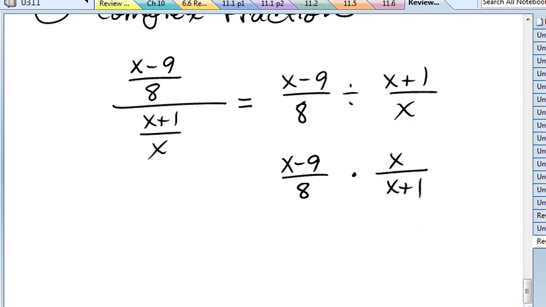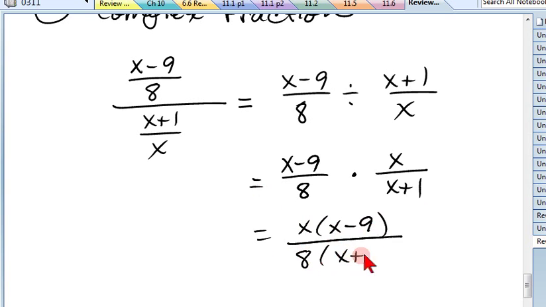Is there anything I can reduce, simplify, divide out? No. You may leave your answer as x times x minus 9 over 8 times x plus 1, although if you multiplied it out, that would be fine too.